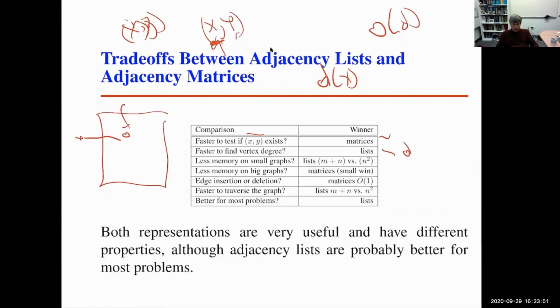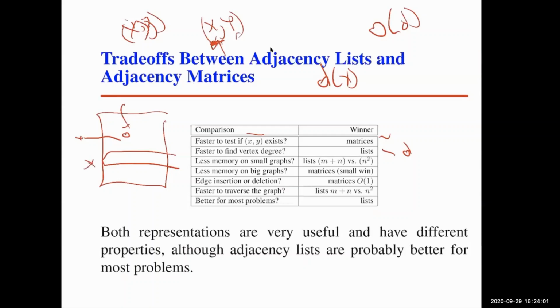How would I find the degree of a vertex in an adjacency matrix? Suppose I have a vertex here, X, and I want to find its degree. How do I find its degree in an adjacency matrix? You count the number of ones in the row. How do I count how many ones there are? I go for i goes from 1 to n. Are you a 1?